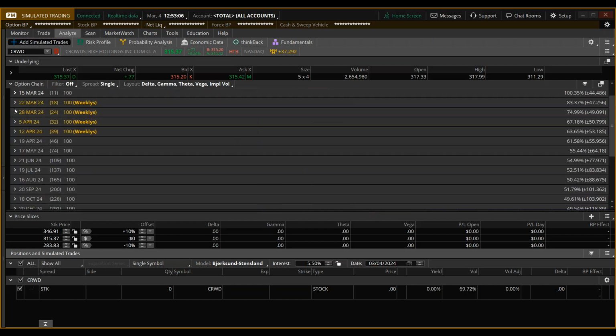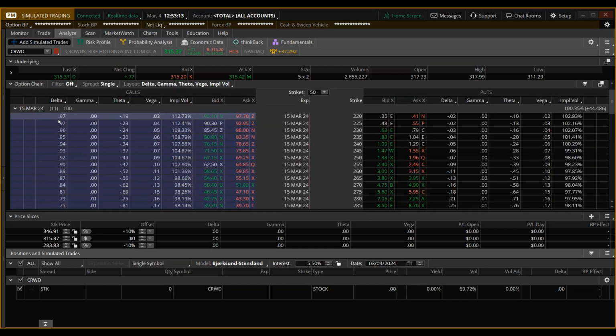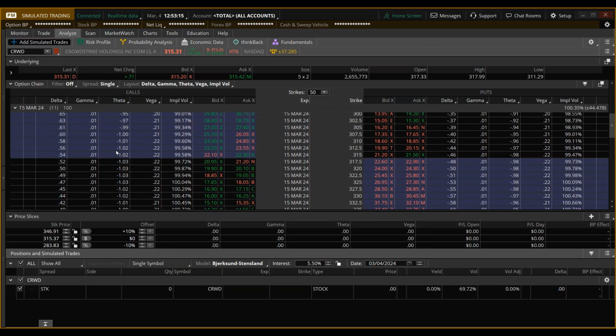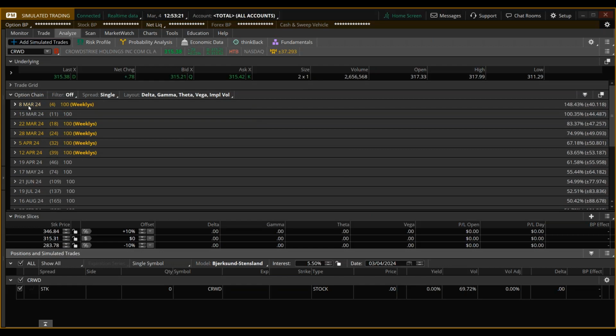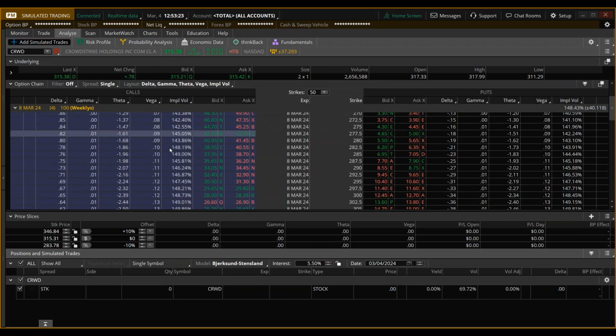One more thing to answer your question is further out in time. Let's look at the at the money, the front week weekly.